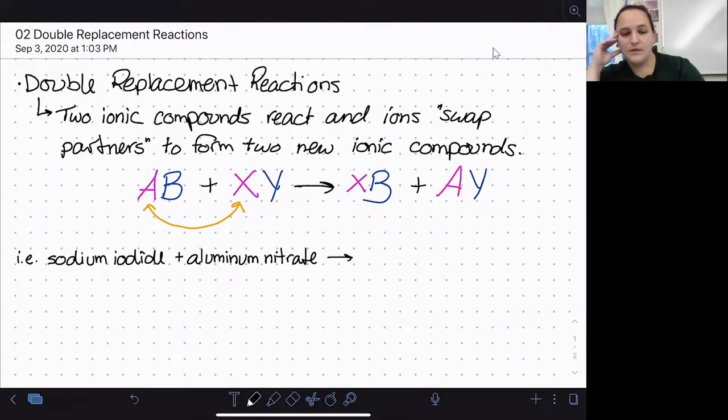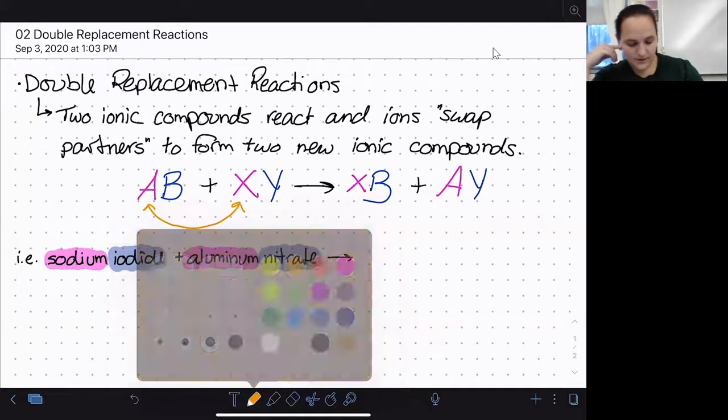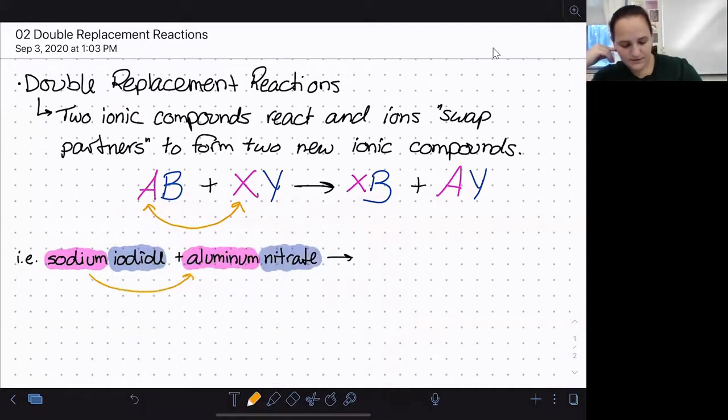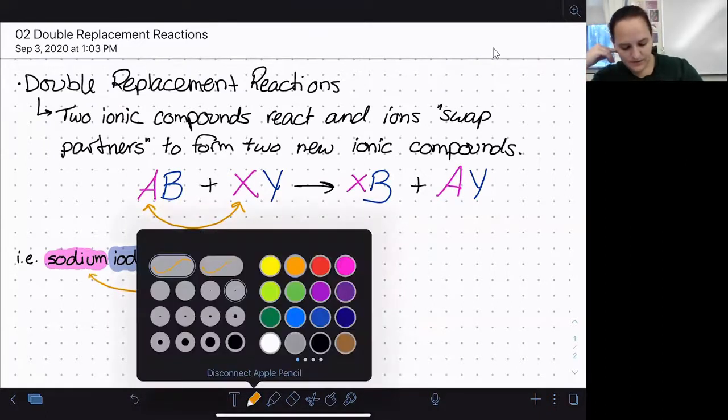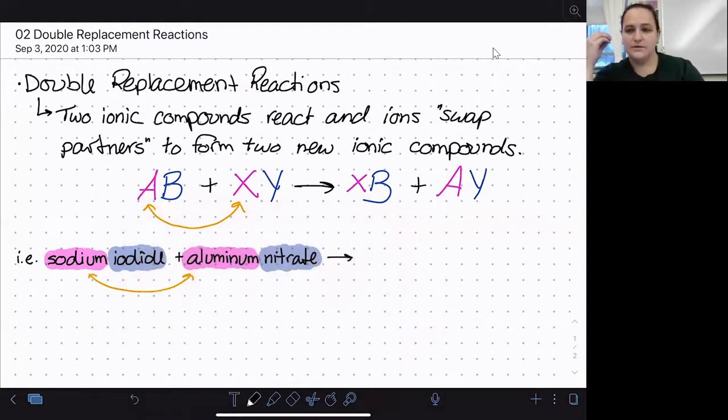So in this case, we're given names. We know the cation is listed first. So our cations are sodium and aluminum. Our anion is listed second. So our anions are iodide and nitrate. So if we do the same sort of swapping partners action here, in terms of names, we just need to switch the words.